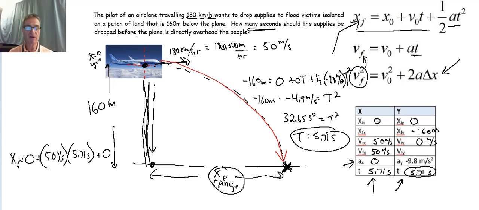And so when we multiply 50 times 5.71, we get 285.5 meters. All right, that's going to be how far the pilot would have to drop the package distance-wise in the x direction before he got over the island, in order for that package to actually drop on the island below.